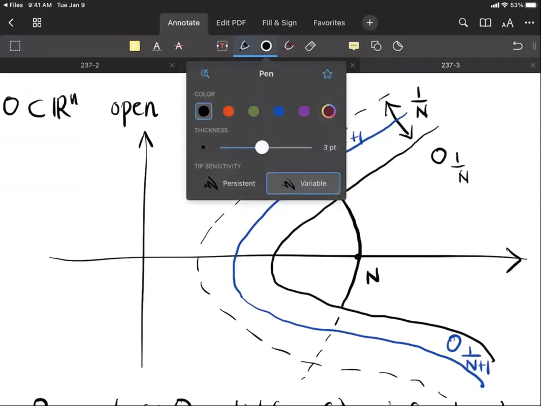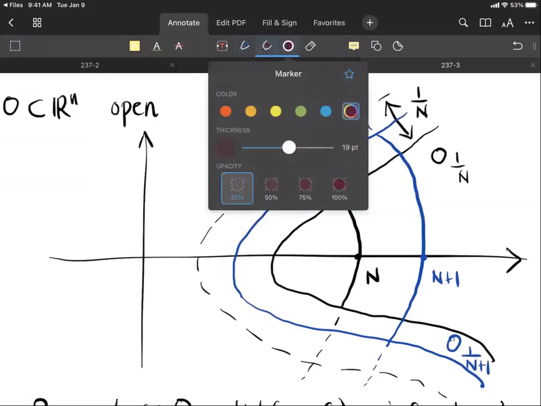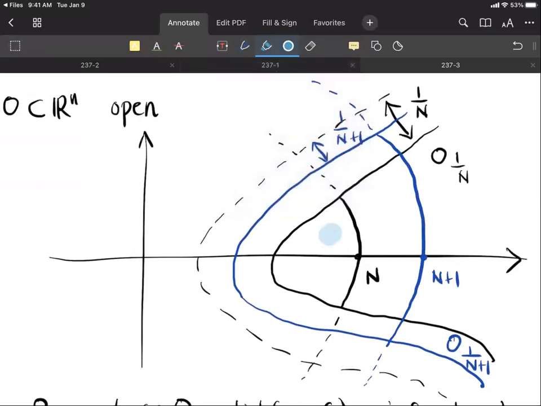On the other hand, if we increase to a larger ball, having radius n plus 1, and we consider the region, this portion here would be in the intersection of the ball having radius n and the closed set O sub 1 over n.